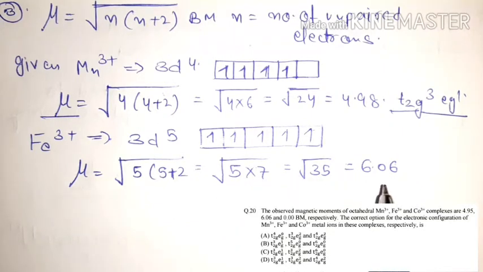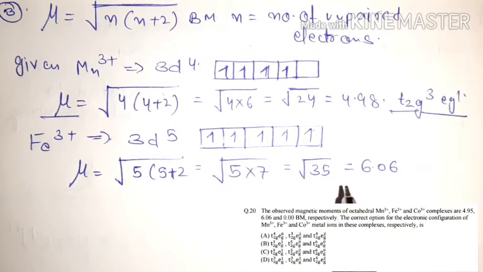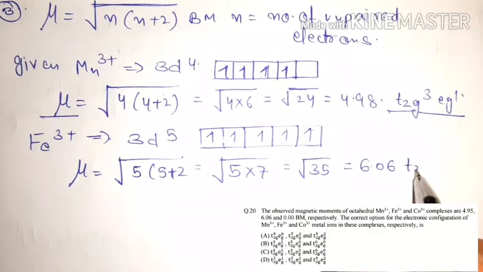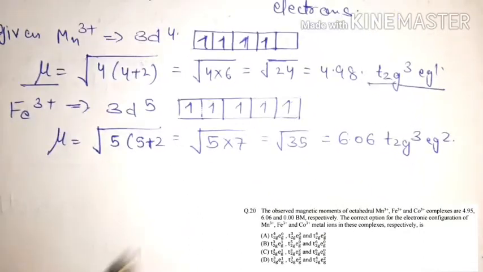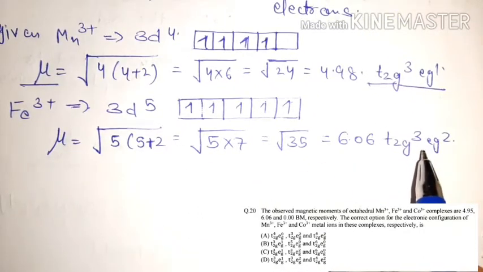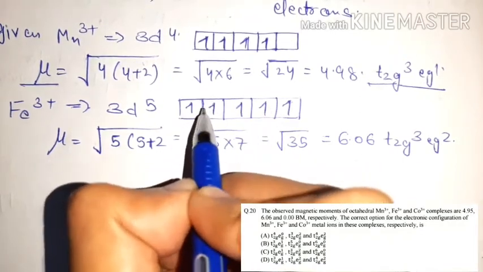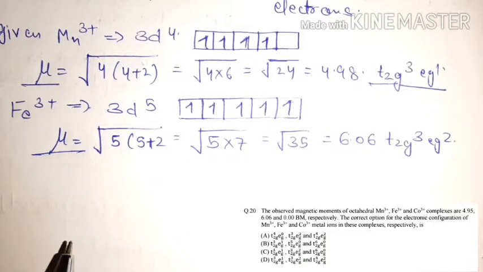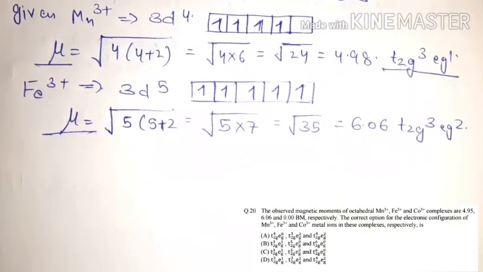It means it has 5 unpaired electrons with electronic configuration t2g3 eg2. Here you can also relate why we consider t2g3 eg2 and not t2g5, because of the 5 unpaired electrons according to the given magnetic moment value in the question. So the electronic configuration of Fe3+ is t2g3 eg2.